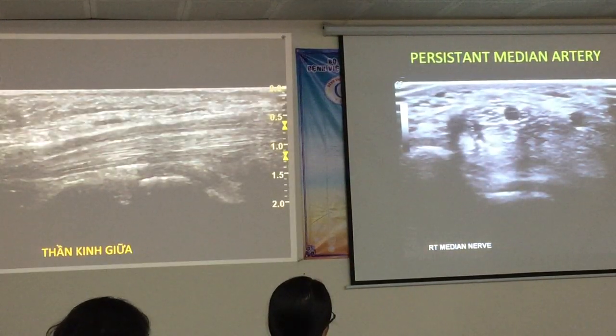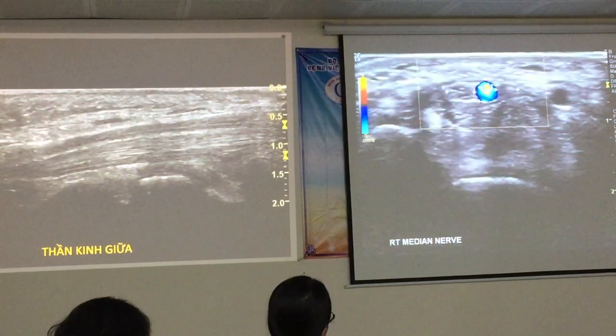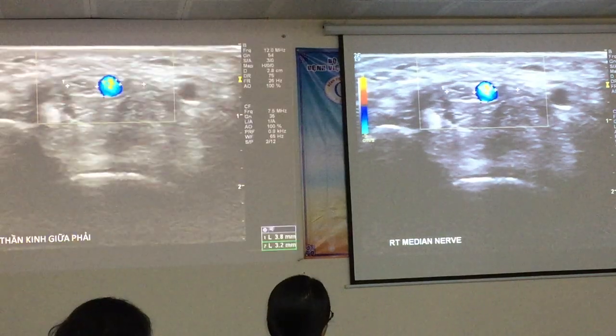So there's also another embryological remnant called a persistent median artery. Đôi khi mình sẽ thấy trường hợp là tồn tại cái động mạch giữa. What you get there is you actually get a bifid median nerve, and you get an artery sitting in between it. Đôi khi mình sẽ thấy cái động mạch giữa này sẽ nằm giữa cái cấu trúc thần kinh giữa.